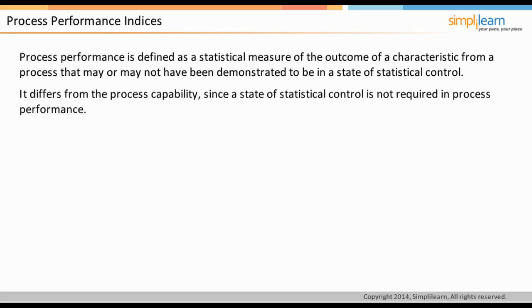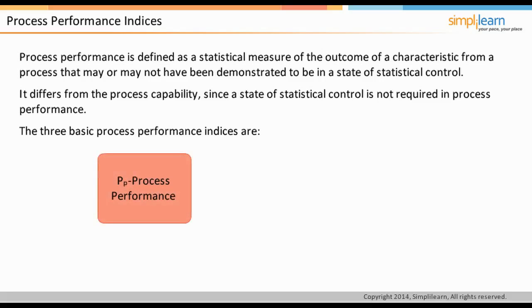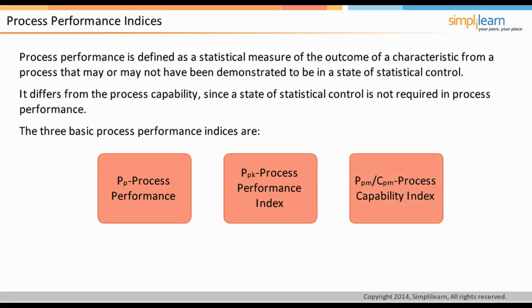It differs from the process capability in that for process performance, a state of statistical control is not required. The three basic process performance indices are Process Performance, or PP, Process Performance Index, or PPK, and Process Capability Index, denoted as PPM or CPM. Click each index to know more.